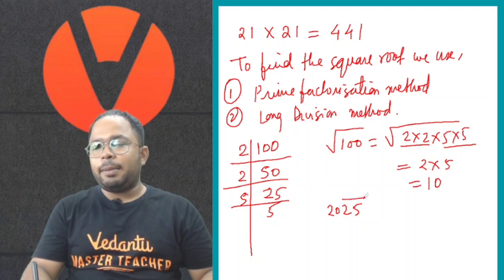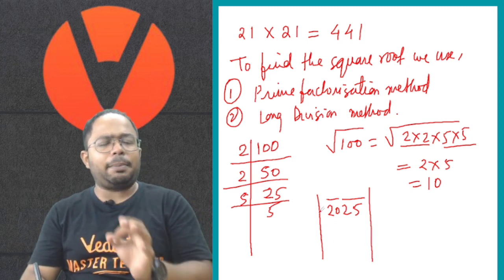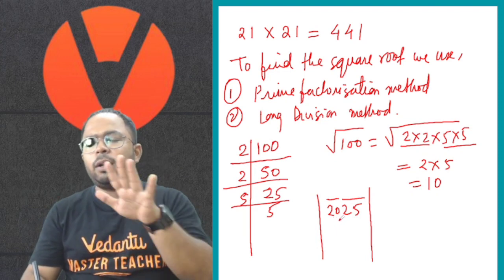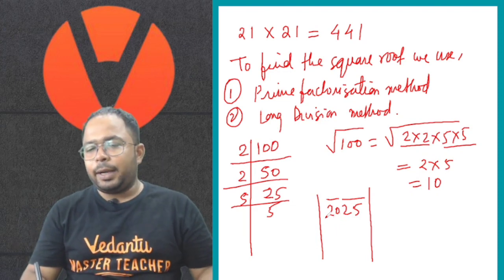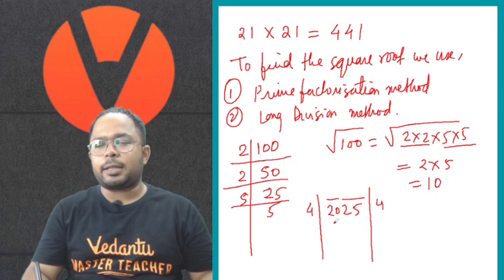Now what we do is we make pairs. Let's think of a number which multiplied by itself is either equal to 20 or less than 20. 5 5s are 25, which is greater, so 4 4s are 16. So what is left? 425.